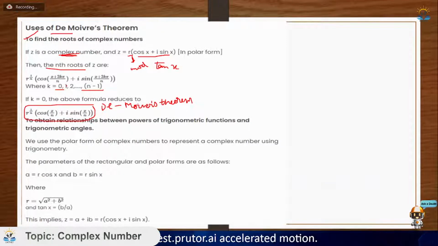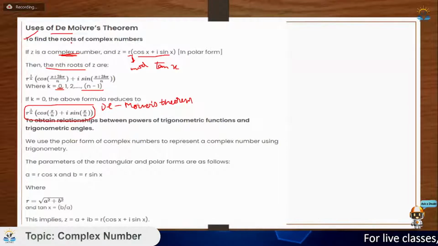And the rest of the roots I can calculate by putting the values of k as 1, 2, 3, up to n minus 1. Why up to n minus 1? Because one root is already k equal to 0 and we know that it has n roots. So when we count from 0 to n minus 1, in total there are n roots. So this was one of the uses of De Moivre's theorem.